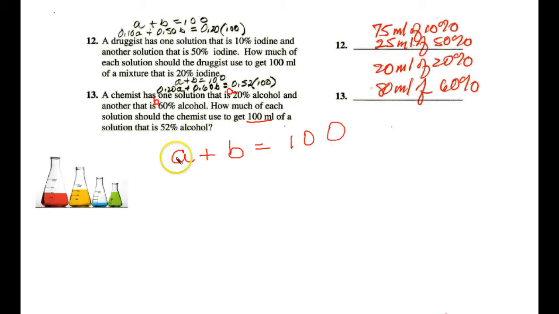Now what's the concentration of A? Well, we said it was 20%. Plus our B was 60%. And we wanted to get a 52% solution.